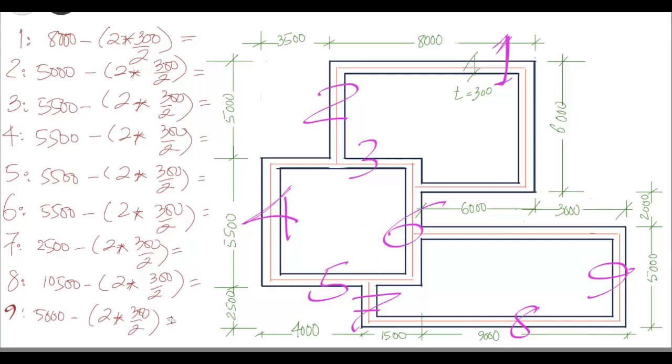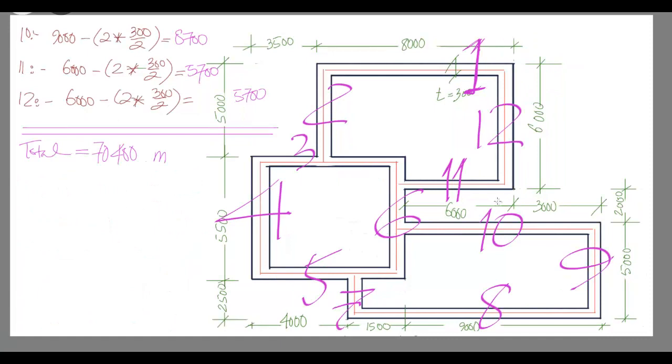We'll continue to do the same for this part, which is part number 10, and then this is already taken into account, you don't need to do this, and then we do number 11, and then this, which is the last part, number 12.